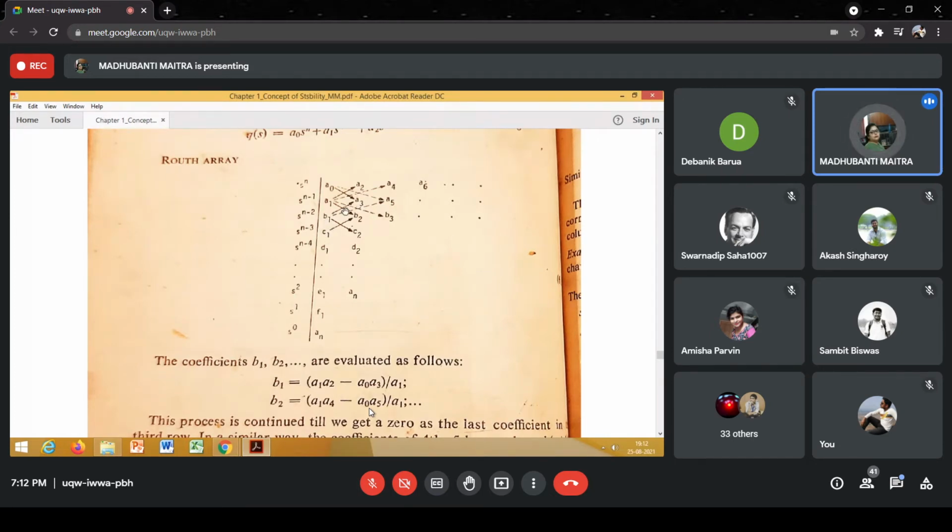Again, just try to follow the arrows. B1 into A3 minus A1 into B2 whole divided by B1. And C2 will be B1 into A5 minus A1 into B3 whole divided by B1.